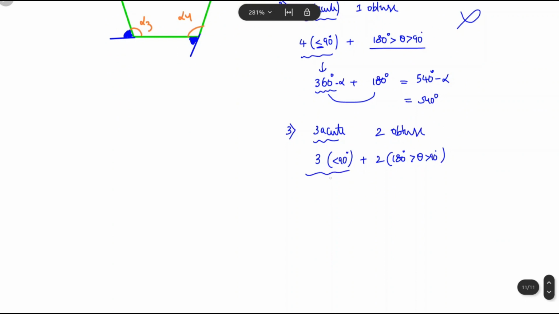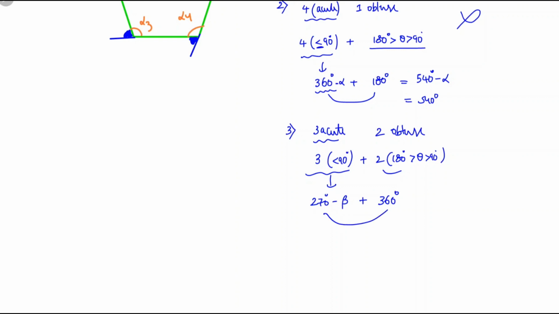Now this will be 270 degrees minus beta, some angle, plus the maximum case, let us assume as 180, which is 360 degrees. In fact, it will be less than that. It cannot be exactly 180. But let us check the limiting case.